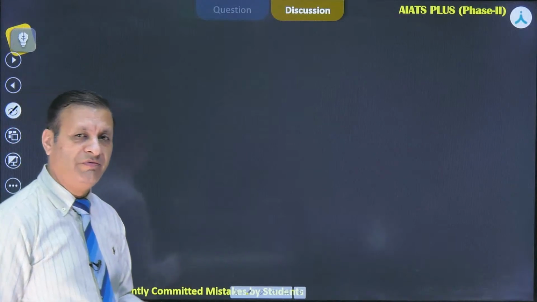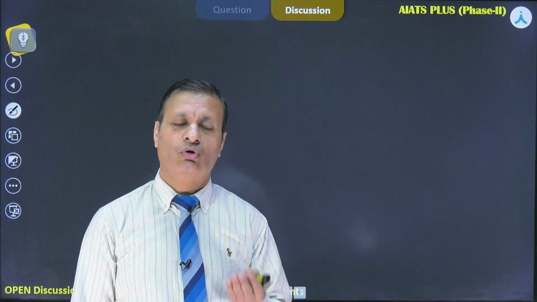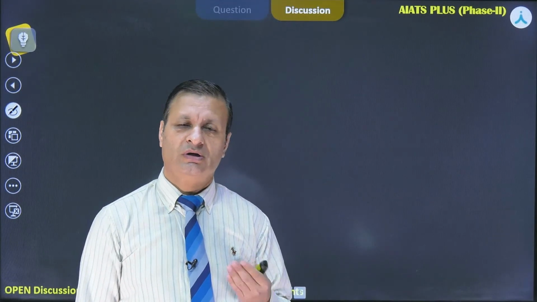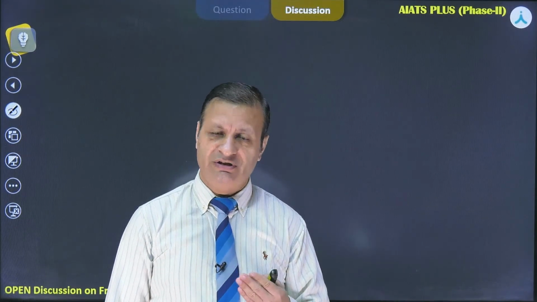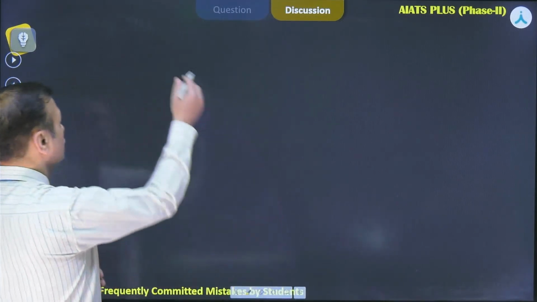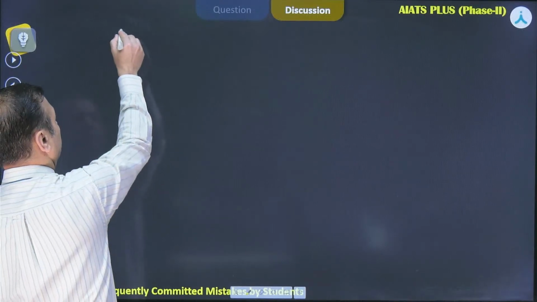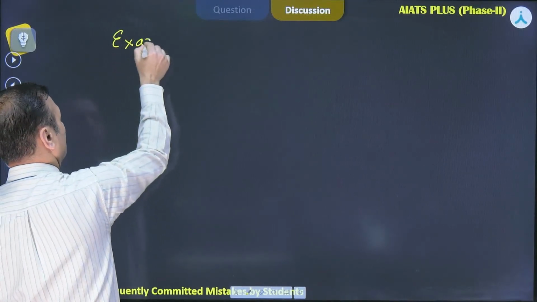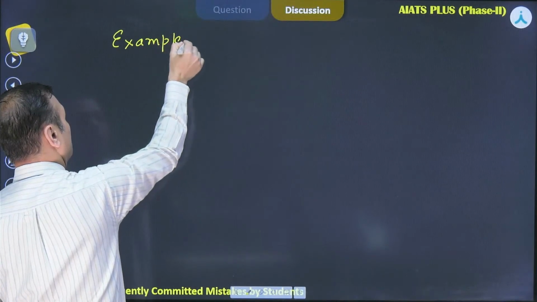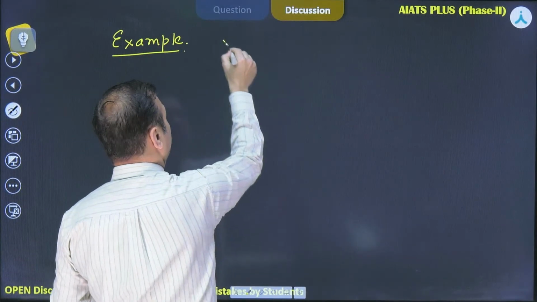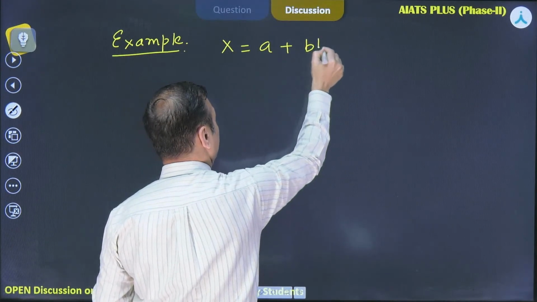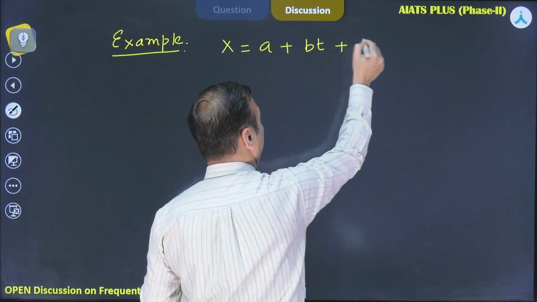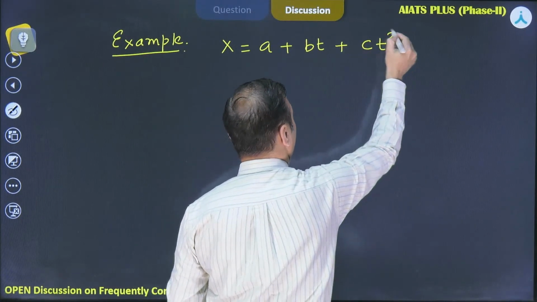Now, before we move to the next question, I would like to highlight one more numerical situation based on this. So, shall we attempt that? Let's suppose, take one example, where x is written as a plus bt plus ct square.